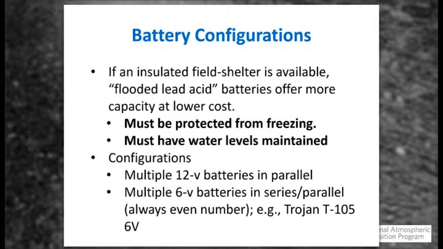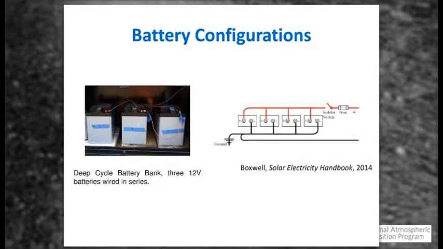We have some wiring diagrams up ahead. You can wire multiple 12-volt batteries in parallel or connect 6 or 12-volt batteries together. Next slide, please. This is a photo on the left of one of our stations in West Virginia that was recently rewired.